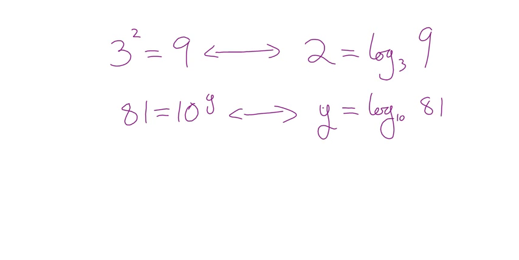Or, how about we do one where we have 50 is equal to e to the y. Let's write that in logarithmic form. What's my exponent? Y. What's my base? E. How do we write a log base e?